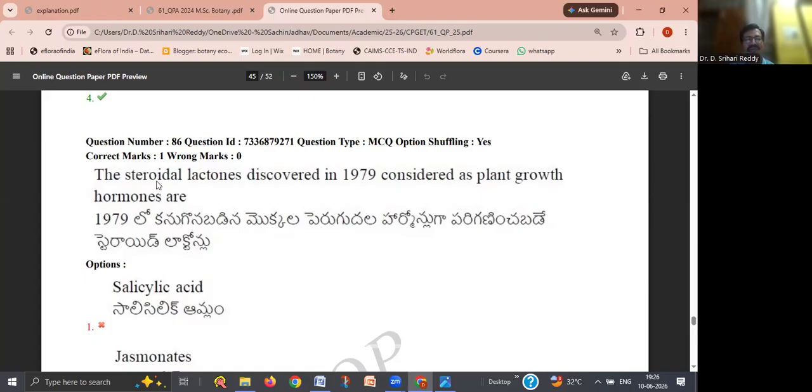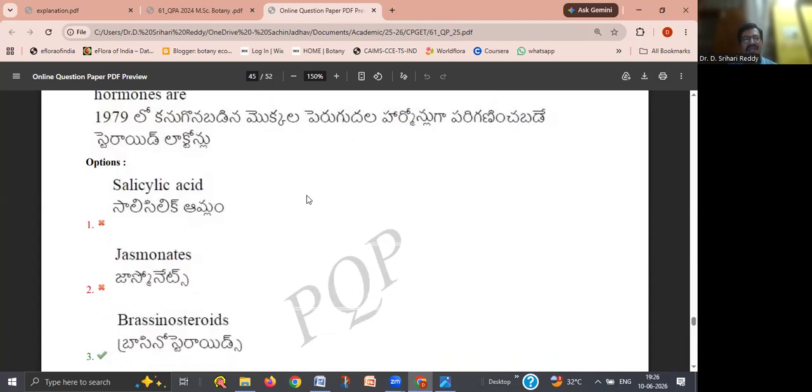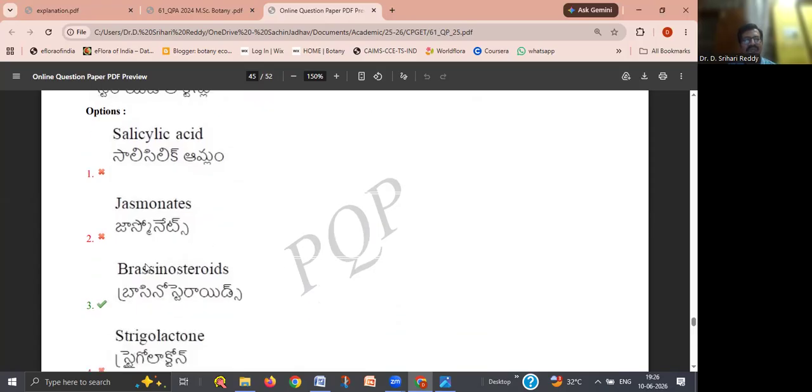And here the question is about the steroidal lactones. These are the latest phytohormones discovered. Salicylic acid, no. Jasmonates, no. Salicylic acid is a chemical related to plants only; it induces resistance in plants. It is very important.